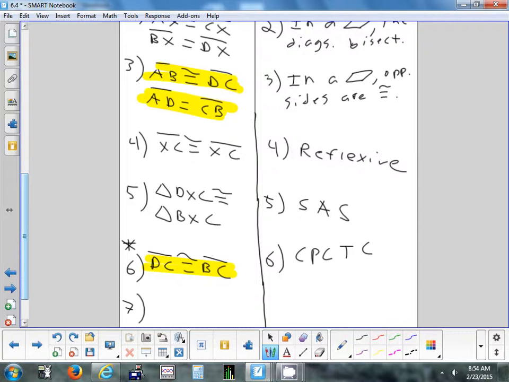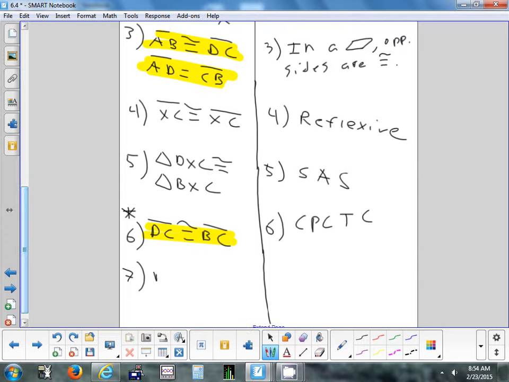Okay, so now I'm going to put all three of those statements together. It's kind of going to be like one giant substitution or transitive property. Okay, so we've got DC is also the same as AB.